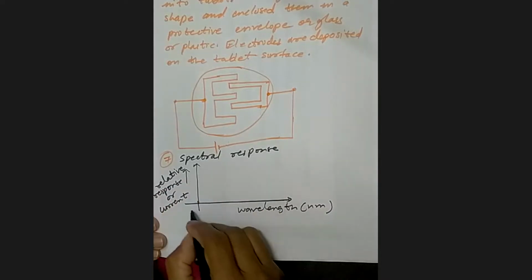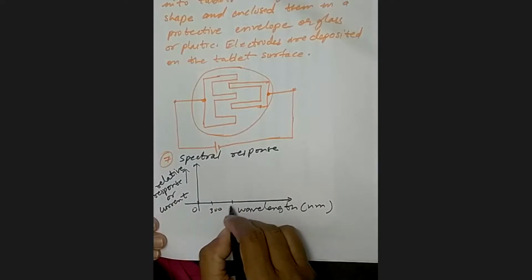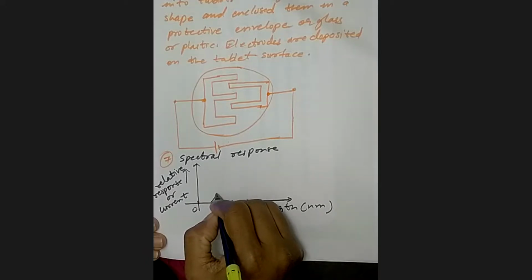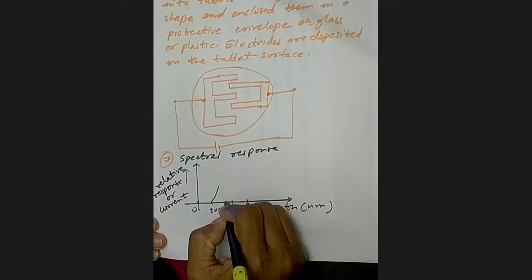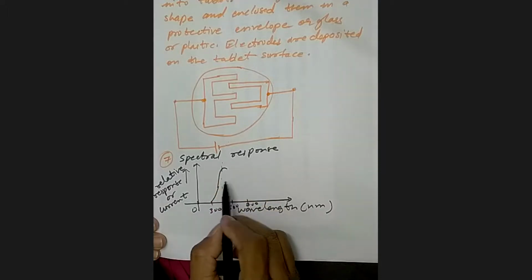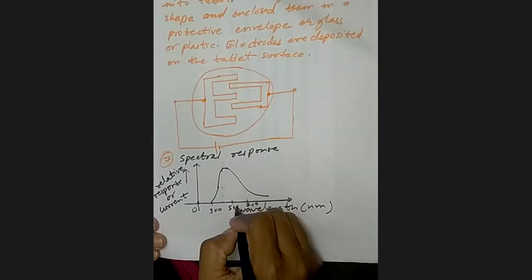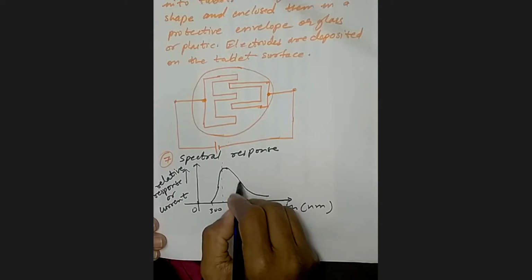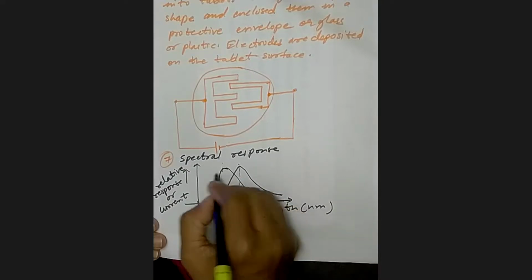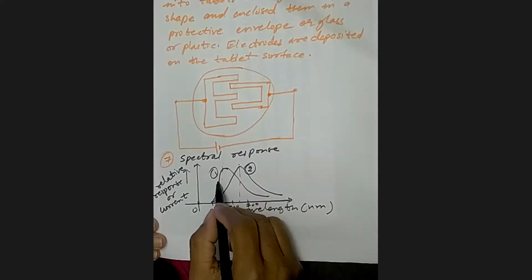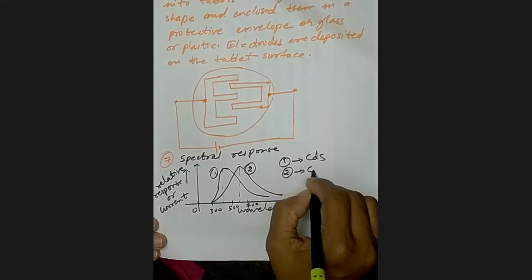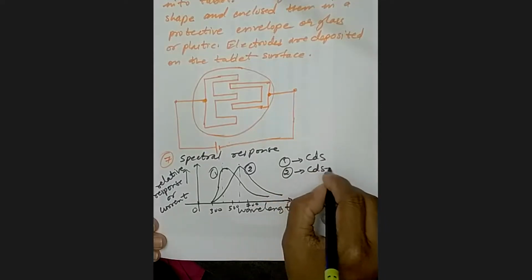This is 0, let this be 300, 500, 700, and so on. So these two are the spectral response. Graph number 1, graph number 2. One is representing cadmium sulfide and second graph is representing spectral response of cadmium selenide.